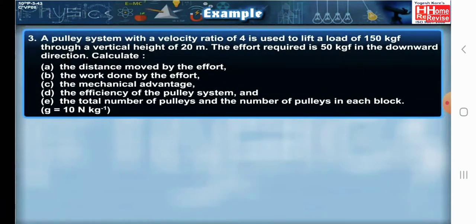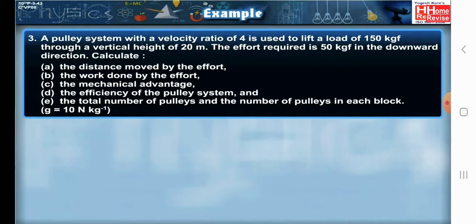Example 3. A pulley system with a velocity ratio of 4 is used to lift a load of 150 kgf through a vertical height of 20 meters. The effort required is 50 kgf in the downward direction. Calculate A. The distance moved by the effort.